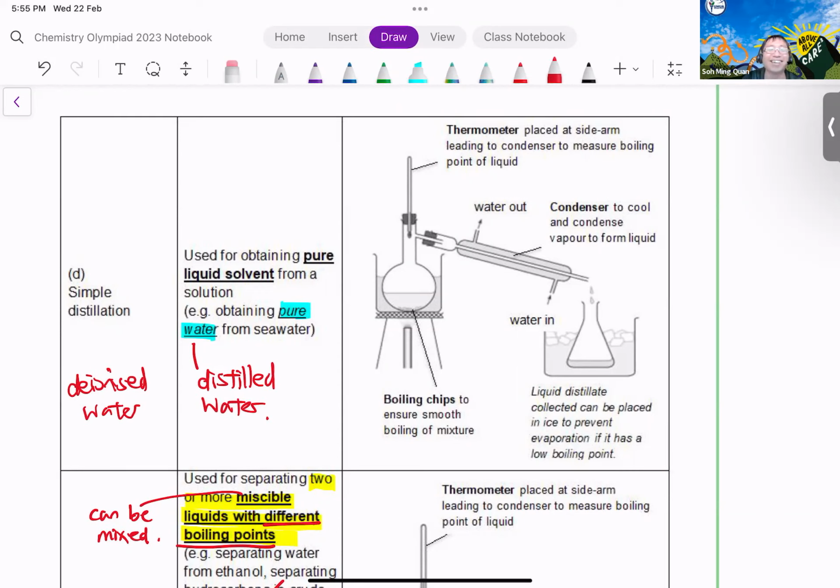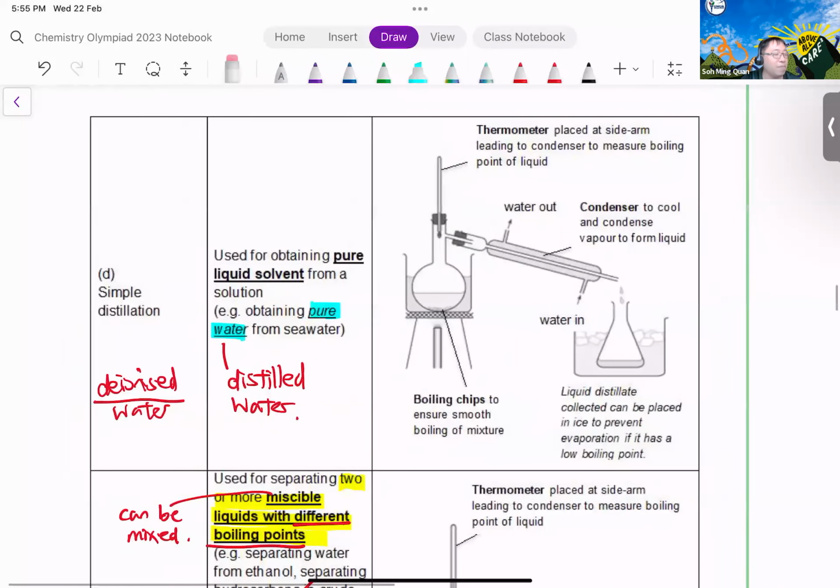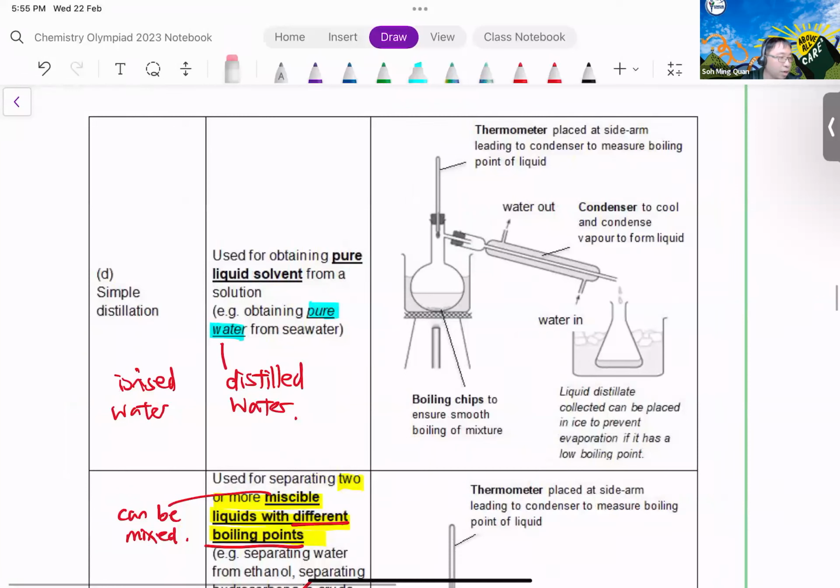So deionized water, how is it made? Is it made using simple distillation as well? Typically, no. If it's deionized, it means it's made using ion exchange chromatography, which is not in the O-level syllabus.